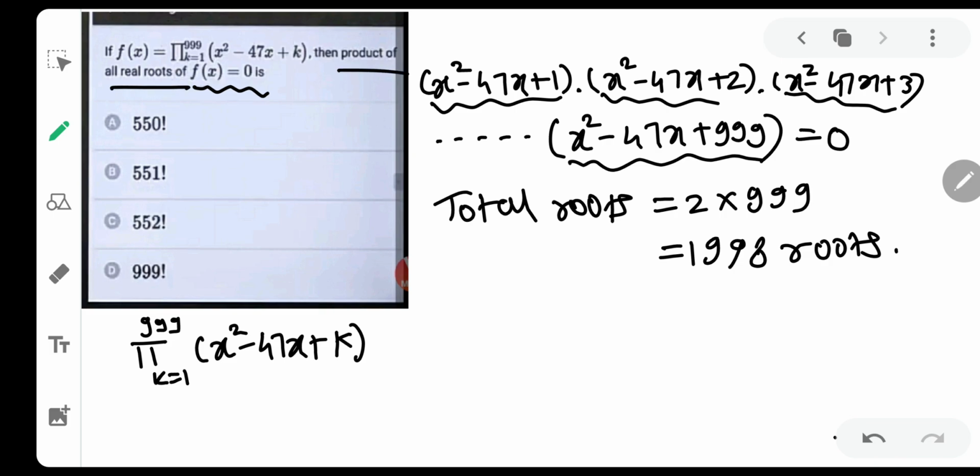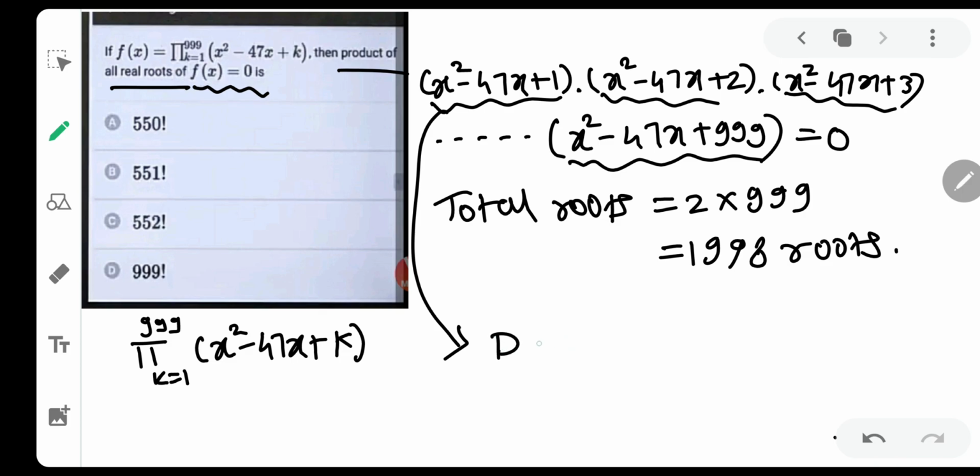Now we need to understand that some of the brackets over here will have real roots and some of the brackets will not have real roots. What is the condition for a quadratic equation to have real roots? The condition is that its discriminant, the D value, should be greater than or equal to 0. Let me check this for the first bracket.